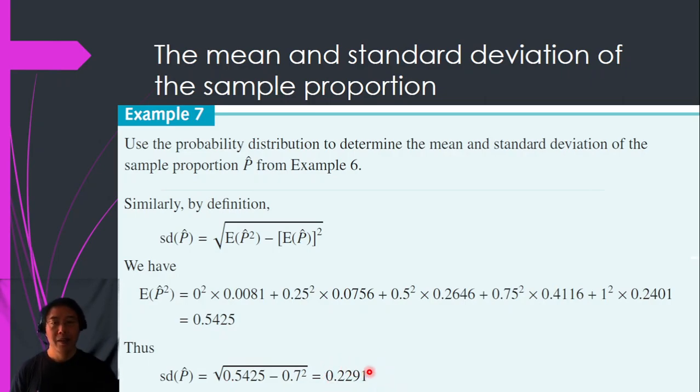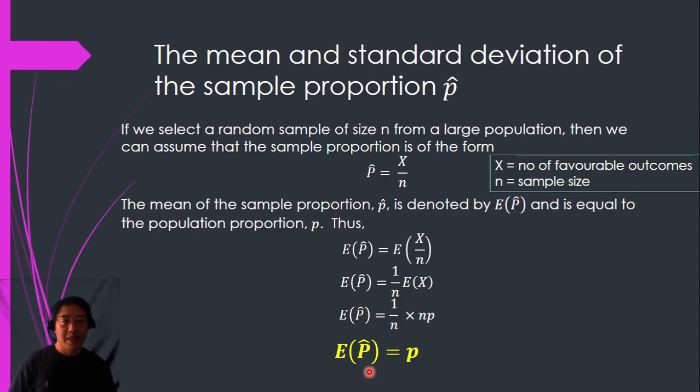Okay, now to simplify that. Remember how I said the expected value of that sampling proportion was very alike. It was actually the same as the expected value of the whole population. So the expected value of p hat is going to be p. That's through that proof.